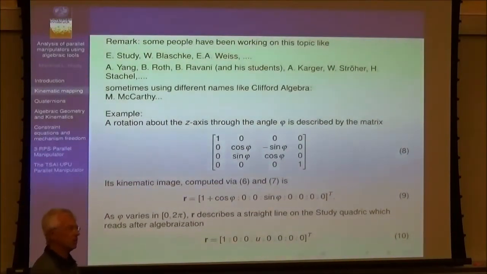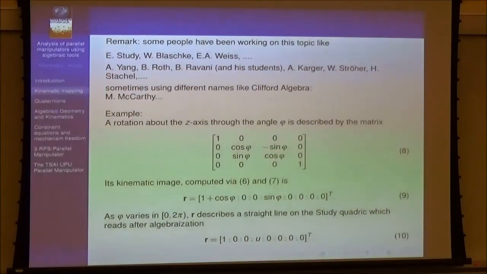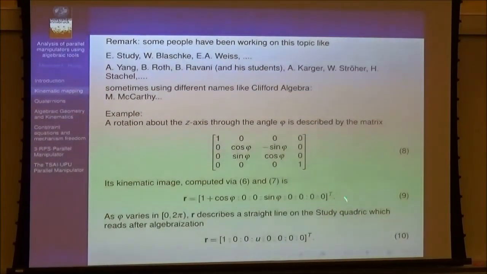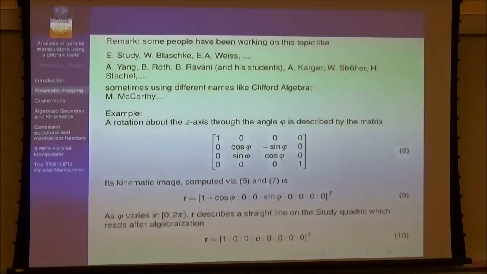Just to show you how this kinematic mapping maybe simplifies some things, I compute via the formulas you have seen in the slide before. Then we get this A vector. There's one parameter in it, the rotation parameter. Now you could use half-tangent substitution for this and do some simple manipulation.